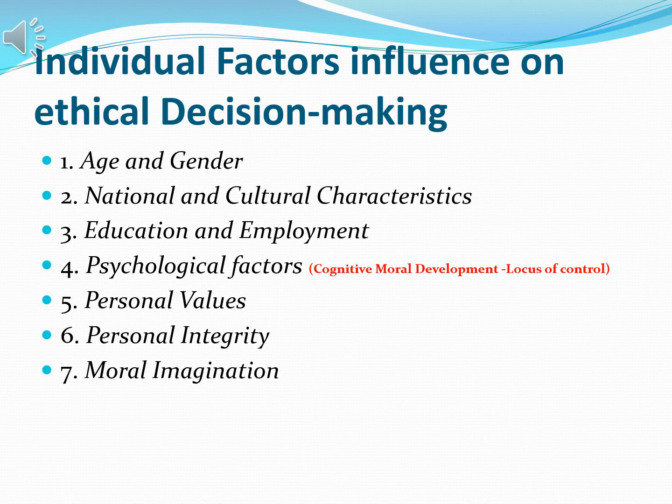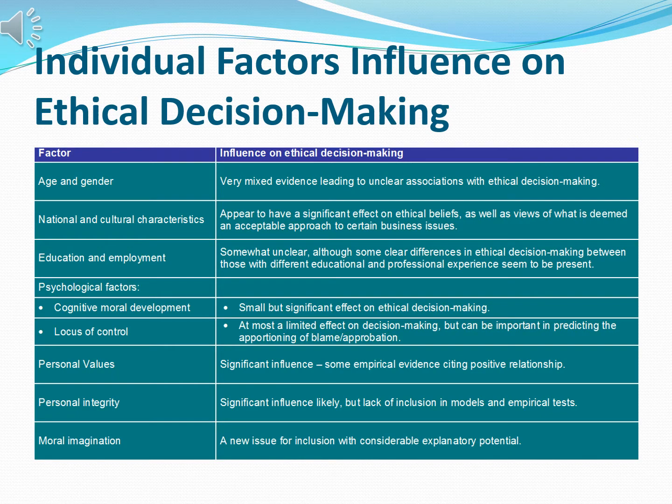These are a few of the individual factors which could affect the ethical decision making process. Let's see these factors and their influence. Number one, age and gender: very mixed evidence leading to unclear association with ethical decision making.